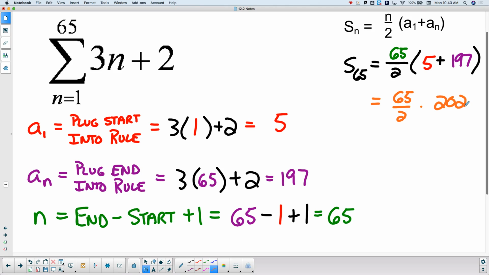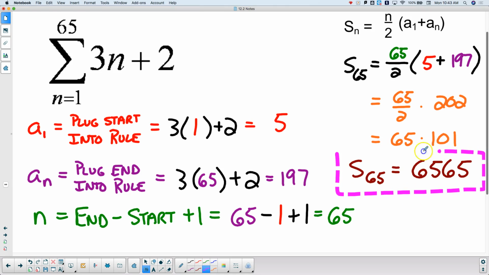Yeah. Okay. I can divide either one of those numbers by 2. So the sum of the first 65 terms is 6,565. Questions on that?